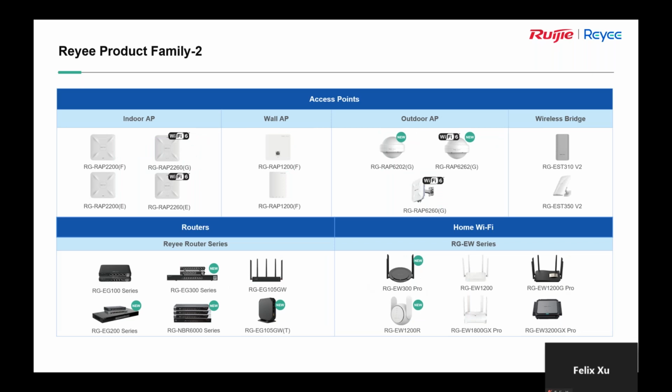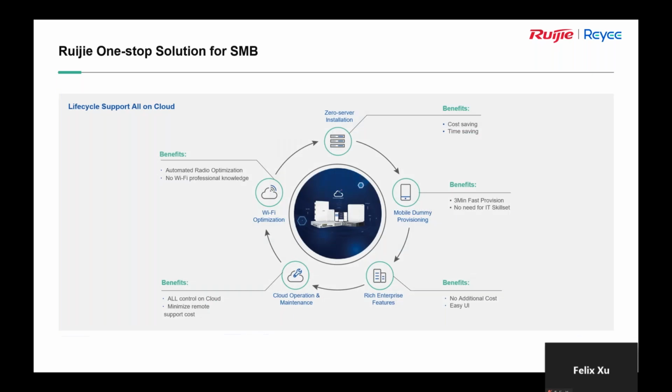Have you all found anything in common among these products? Yes, most of them are cloud managed. You might say, then what? It takes a lot of money to buy a license. It's not cost effective. But what if I tell you it is all for free? That's exactly the unique value compared with other vendors.